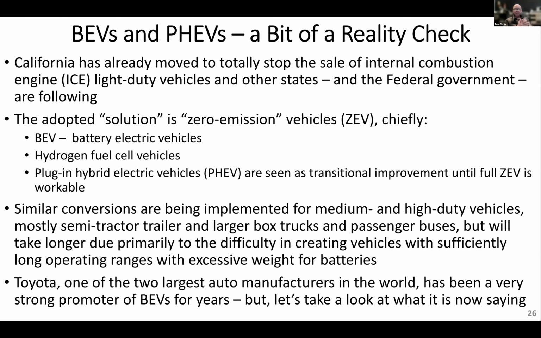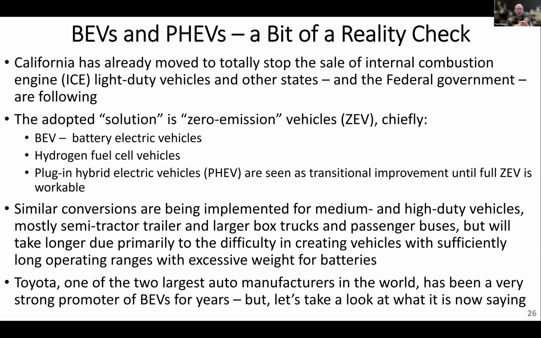And we're doing the same thing with medium and heavy duty trucks, mainly semis and larger box trucks, which are not by definition light duty vehicles, and also passenger buses. These take a lot longer because the technology just isn't there yet. These need to have longer ranges.